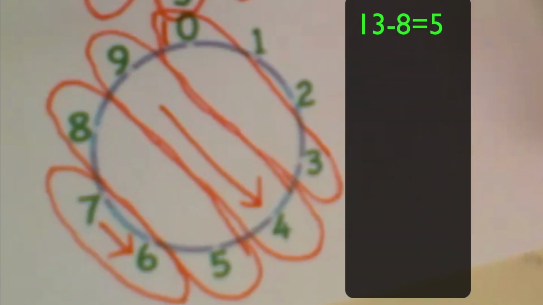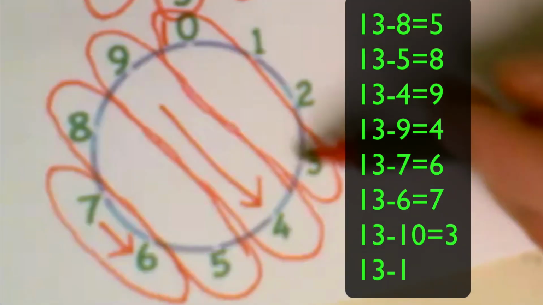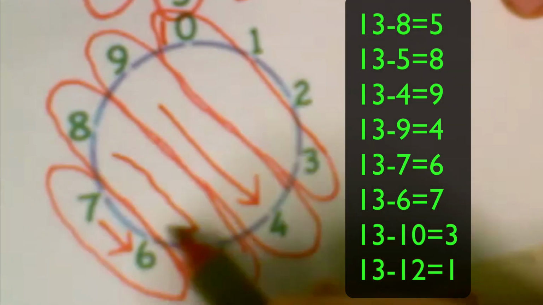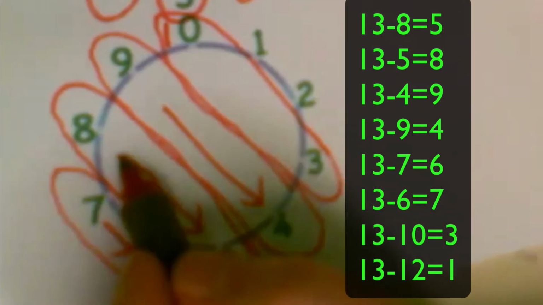So how about 13 minus 8? 13 minus 8 is 5. And all those arrows go both ways.